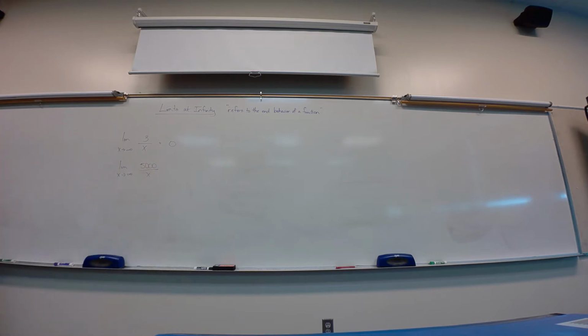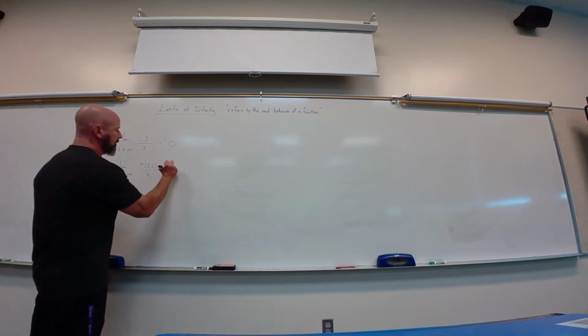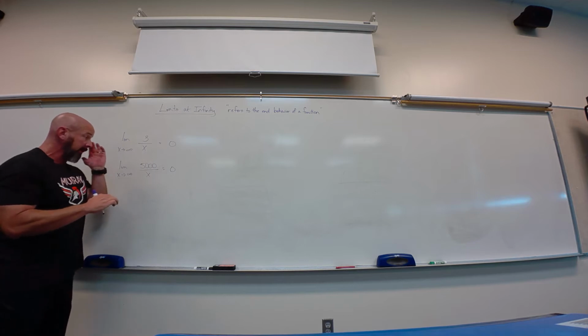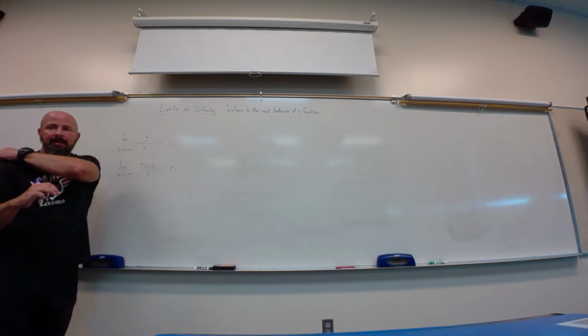Still limit as x approaches infinity. Now all of a sudden, that's a 5,000, much bigger number than 3, but it's still going to be 0. So this limit would still approach 0. It's going to get there a little slower than it would in the 3 over infinity, but it's still going to get to 0.